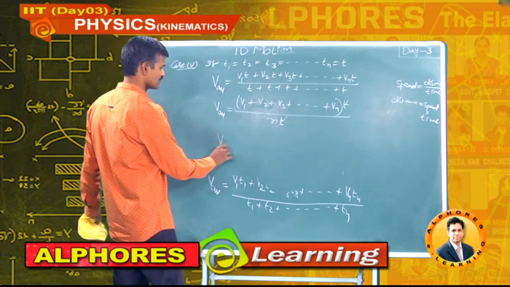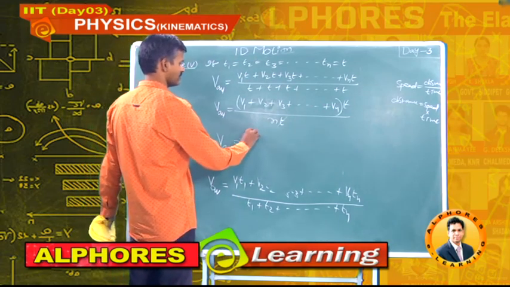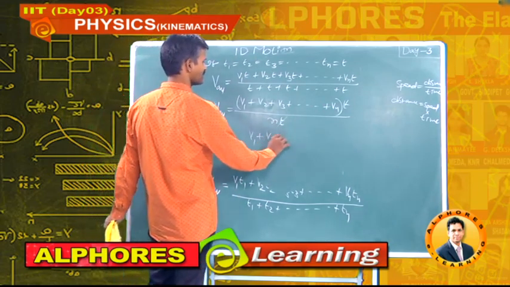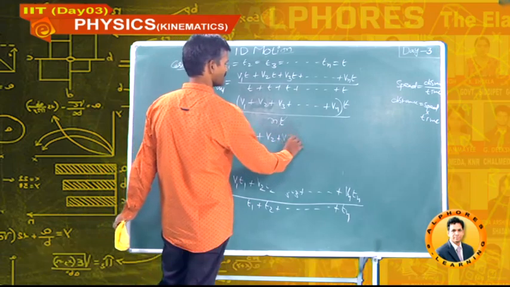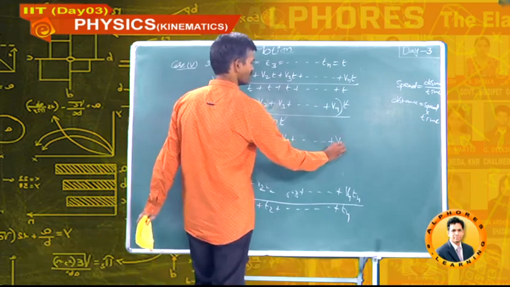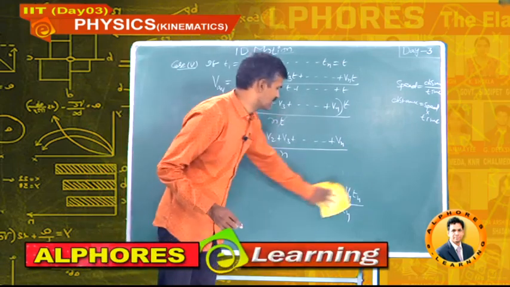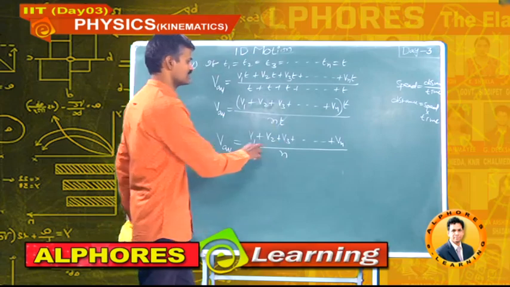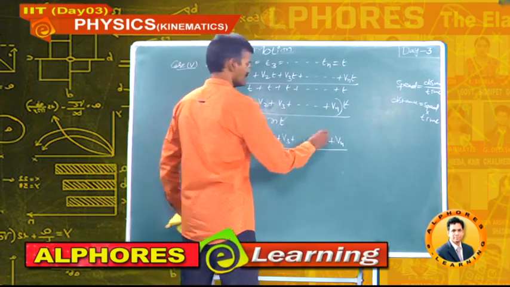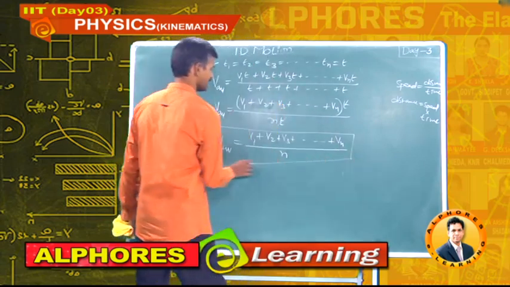So, our average speed is (V1 + V2 + V3 + and so on + Vn) by n. This is the arithmetic mean.